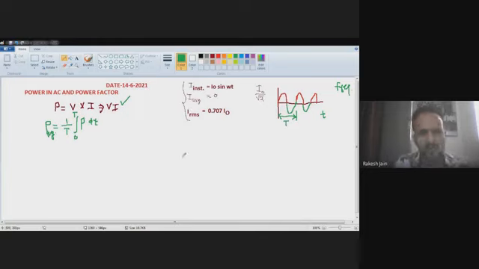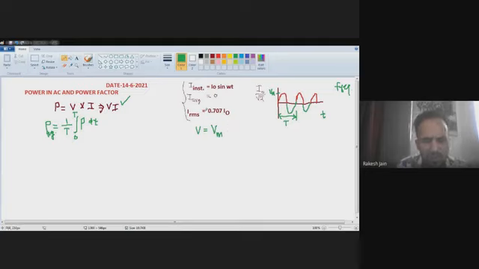So let's suppose my voltage is given, and here I use the instantaneous values of voltage and current. Voltage V is, let's suppose, Vm sine of omega t, where the amplitude of the voltage is Vm.